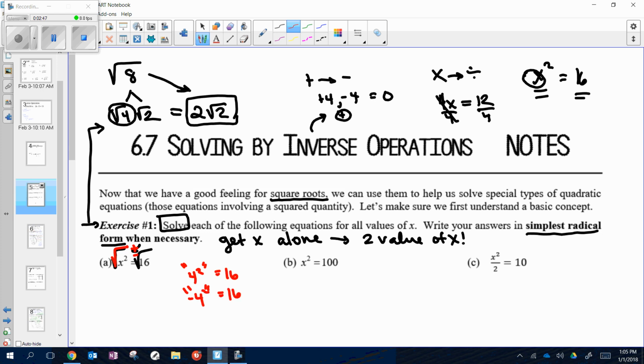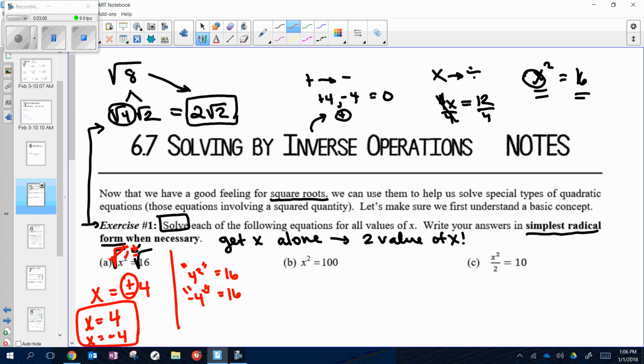So think about that. We're going to take the square root of x squared. The squaring and square rooting leaves you with x, and plus or minus 4, the square root of 16 is 4. So we have 2 answers. x equals positive 4 and x equals negative 4. That's what I mean by plus or minus.